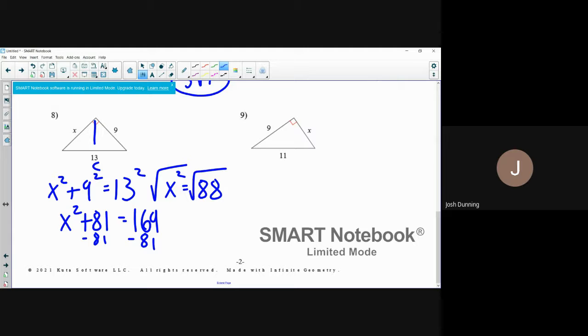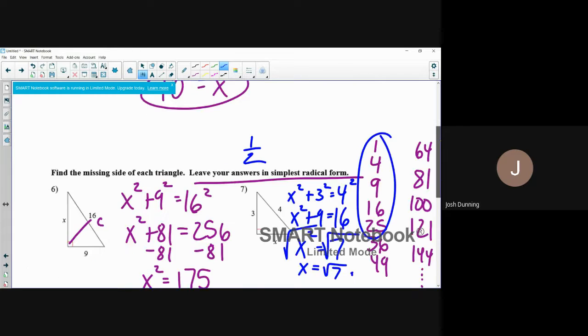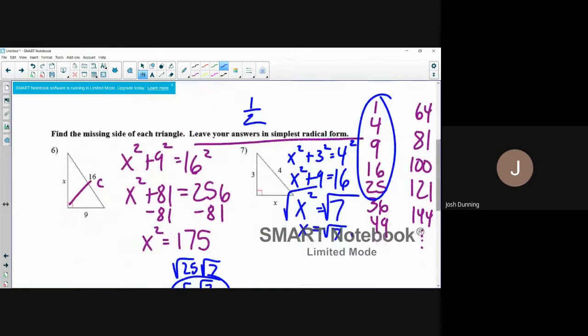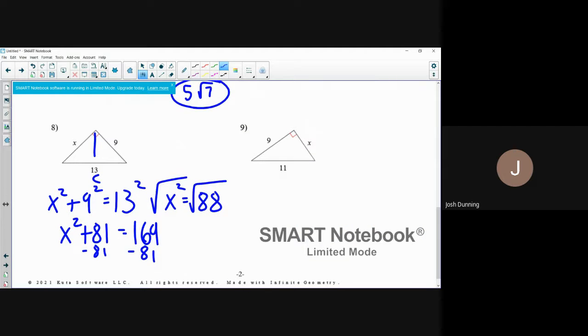You grab your calculator, you start dividing. We'll go back up to our list here. We got 88. 88 divided by 81, nope, decimal. 64, nope, decimal. 88 divided by 49, nope, decimal. And you go through, you get decimals, then you hit 4. 4 times 22. Square root of 4 is 2. Bring the other one down, and you're done.